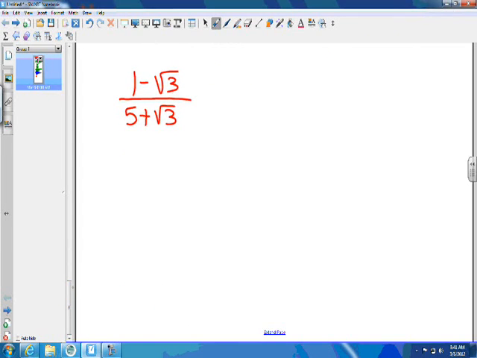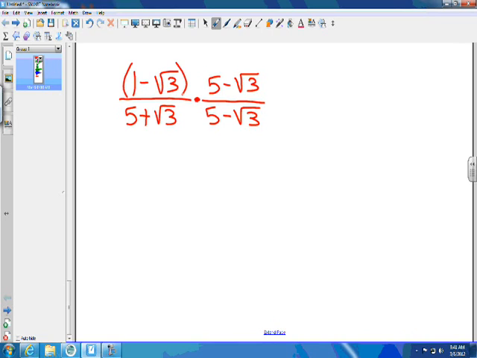What would we want to multiply by to ensure that we wouldn't end up with a radical? 5 minus square root 3 on the top and the bottom, and that's exactly what we do. The goal is simply to get rid of that radical on the bottom. And now we know that if we multiply by a conjugate, we will get rid of the radical on the bottom. So that is the method that we use.